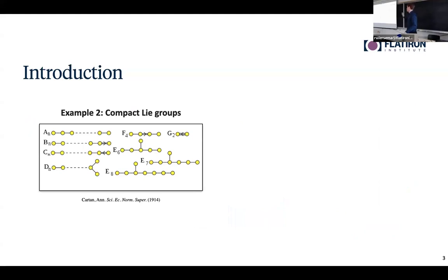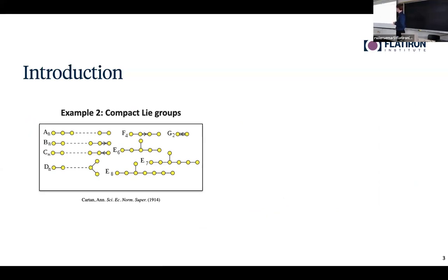If we now skip forward 2,000 years, math has developed quite a bit, and one of the classifications that's central to our work here is this one by Cartan, which was done in the early 20th century, and it's a classification of the compact Lie groups. Lie groups are groups that are smooth and differentiable, and they show up all over physics and mathematics.